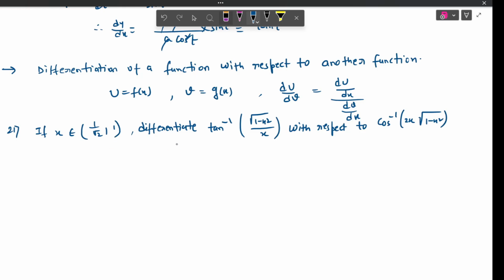Okay, so you have to differentiate this function with respect to this function. Now you know the process. Let's apply the process.